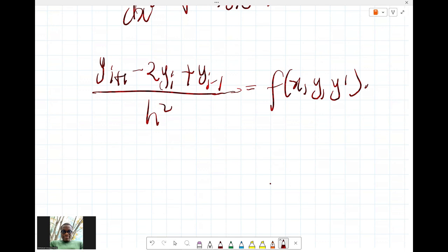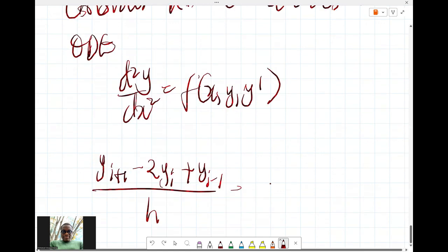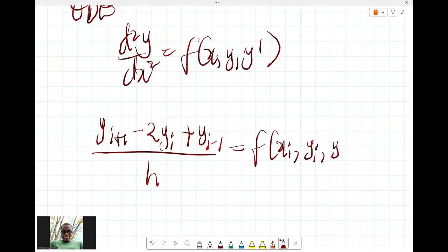So h squared can go to that side, as we know. It's more like you're trying to get what I should be having. We get rid of this. So this now is equal to f of xi, yi, yi prime. That's the idea there.